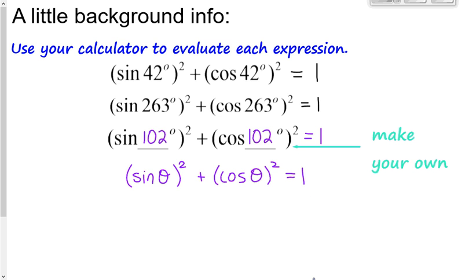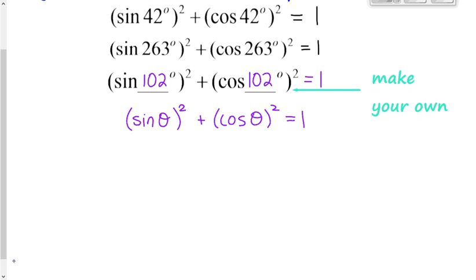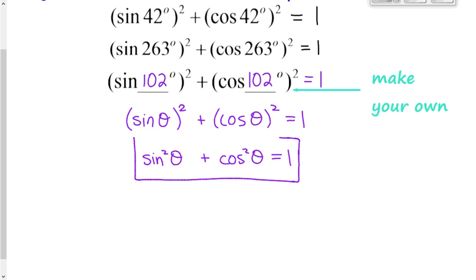Now actually the way we write this is a little bit different because instead of writing the sine of theta with parentheses around it and then a squared symbol, we just simplify it and we write sine squared theta, means the same thing, and then we write cosine squared theta. So sine squared theta plus cosine squared theta equals 1 is a really important relationship that's going to come up in the proof you're about to see.